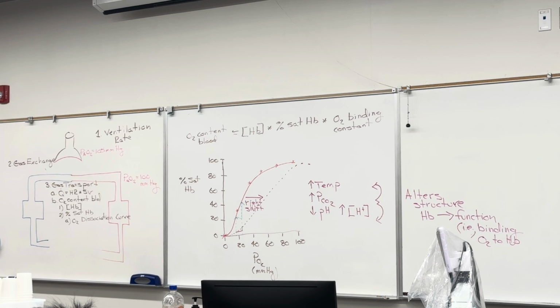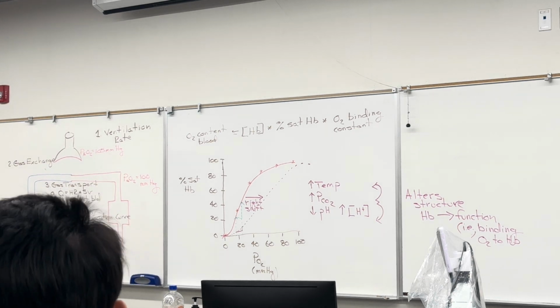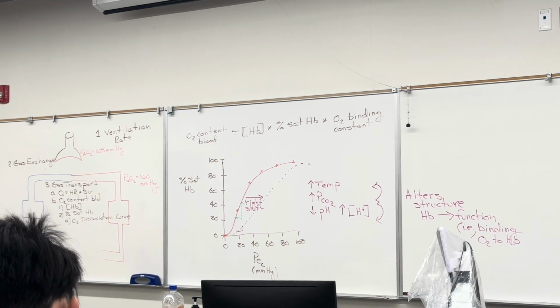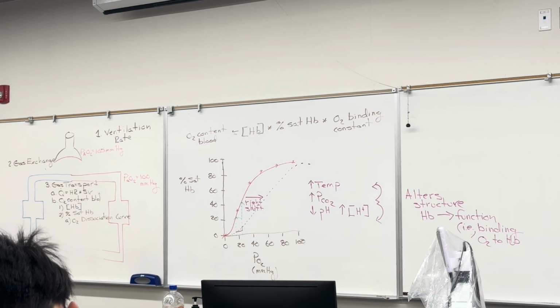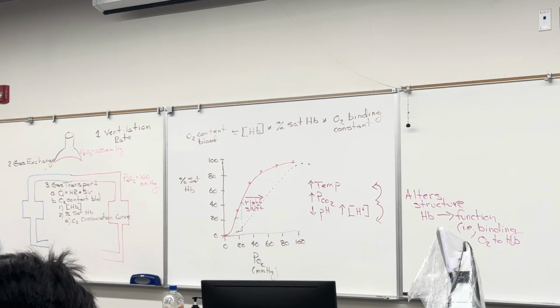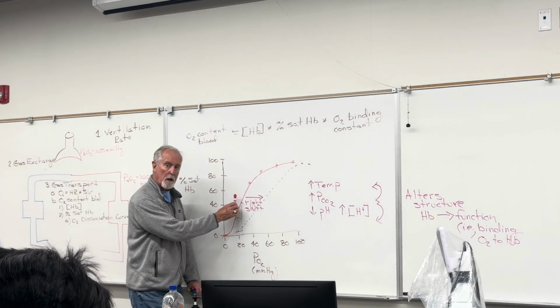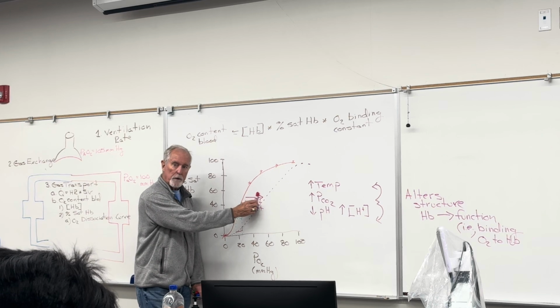That's exactly right. So let me restate what I said before. The slope of that curve reflects the affinity that hemoglobin has for oxygen. And so when our muscles are active, this arterial blood flows into the capillary bed of the active muscle, and the O2 dissociation curve is shifted to the right.